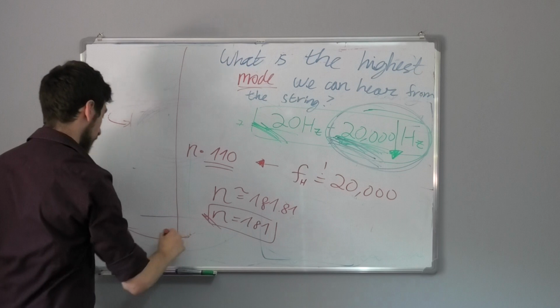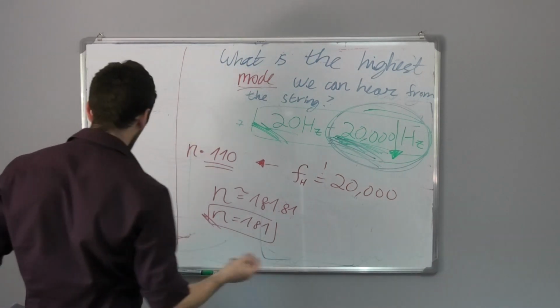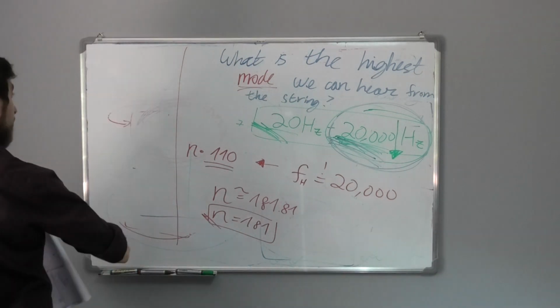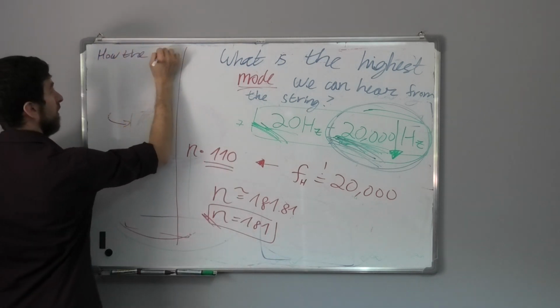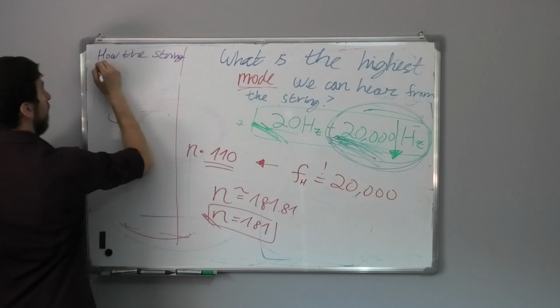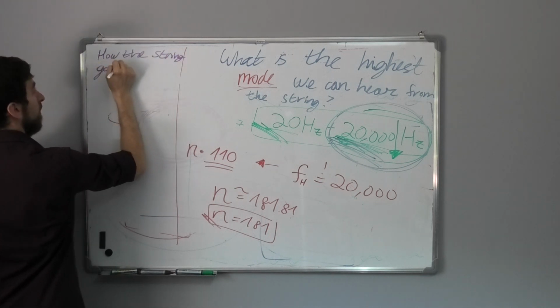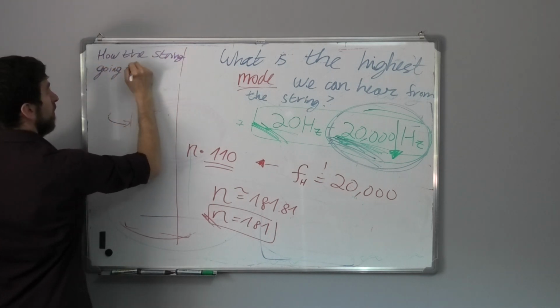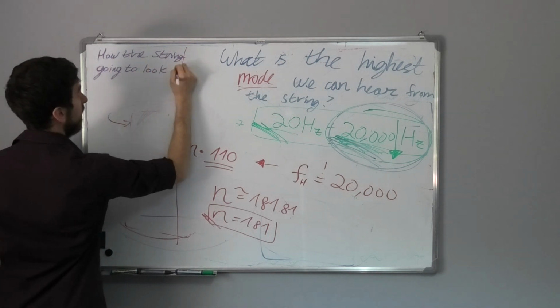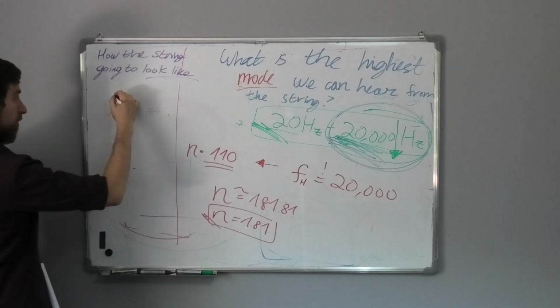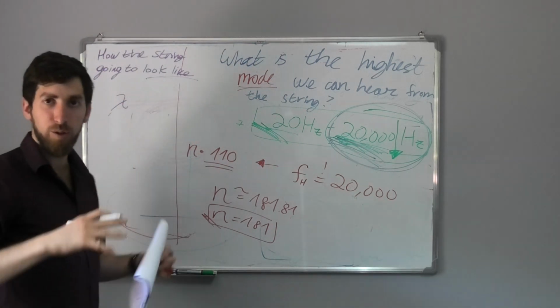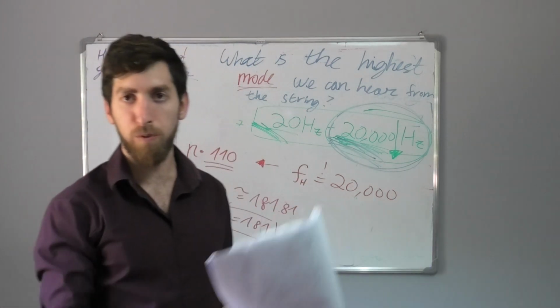And let's do another question, a really nice question. How is the string going to look? So the concept here is that I'm going to use lambda. Lambda is the space orientation of the wave.